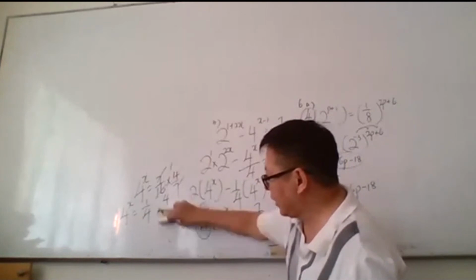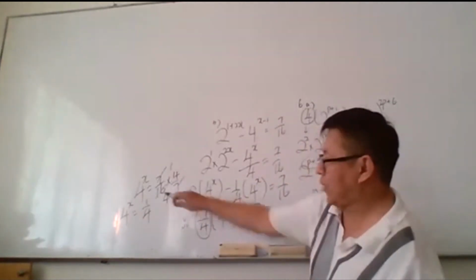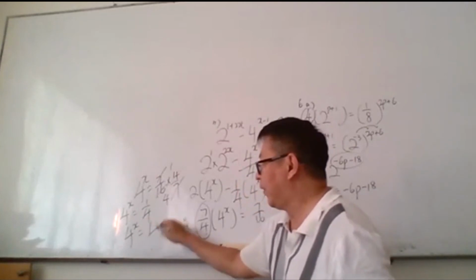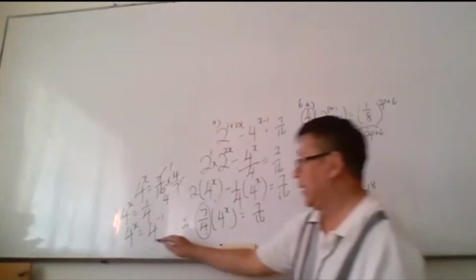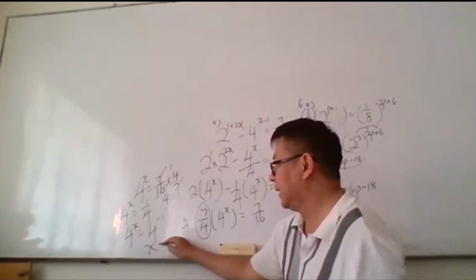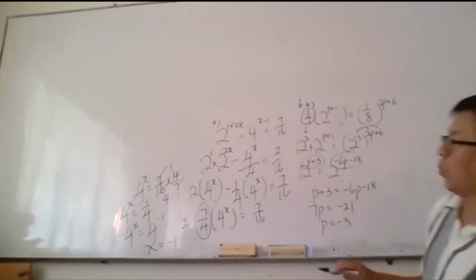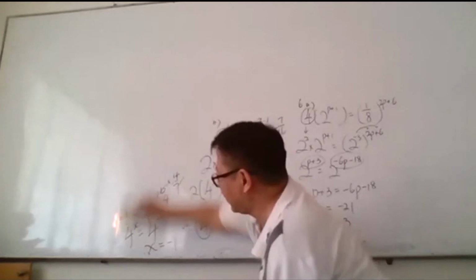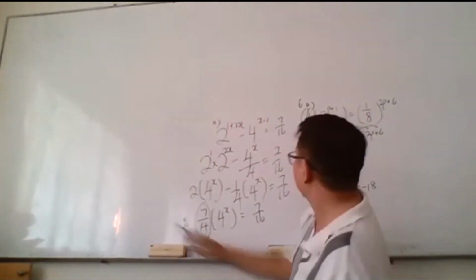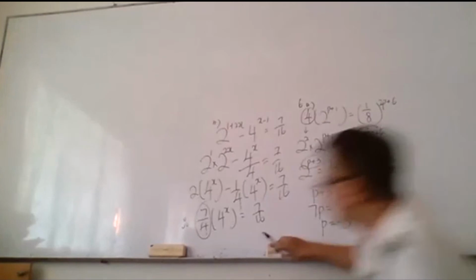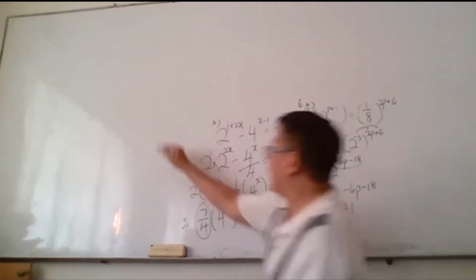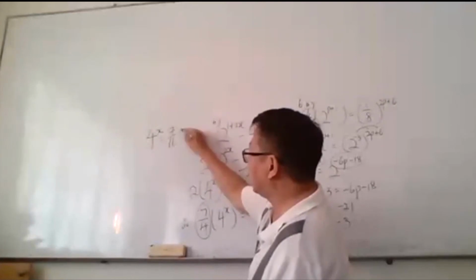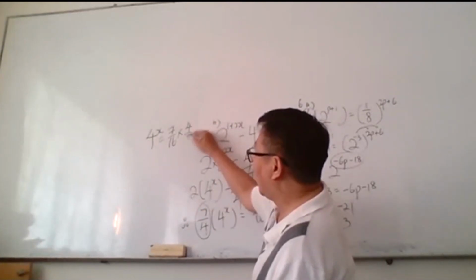Just now I already mentioned that when the question gives you a fraction or reciprocal, this one will be 4 to the power of negative 1. And your answer for x is definitely negative 1. Okay, I will write the things again, maybe it's not proper for you to see. Over here, your 4 to the x will be 7 over 16 multiplied by 4 over 7.